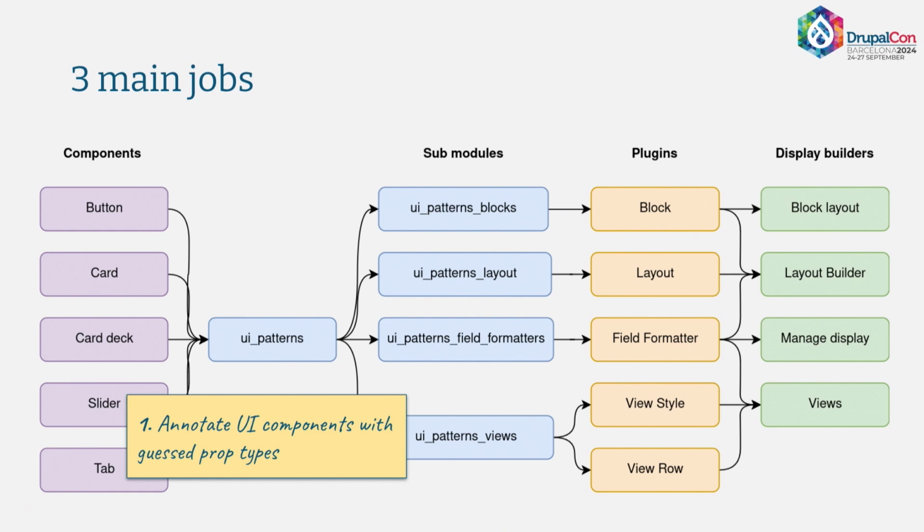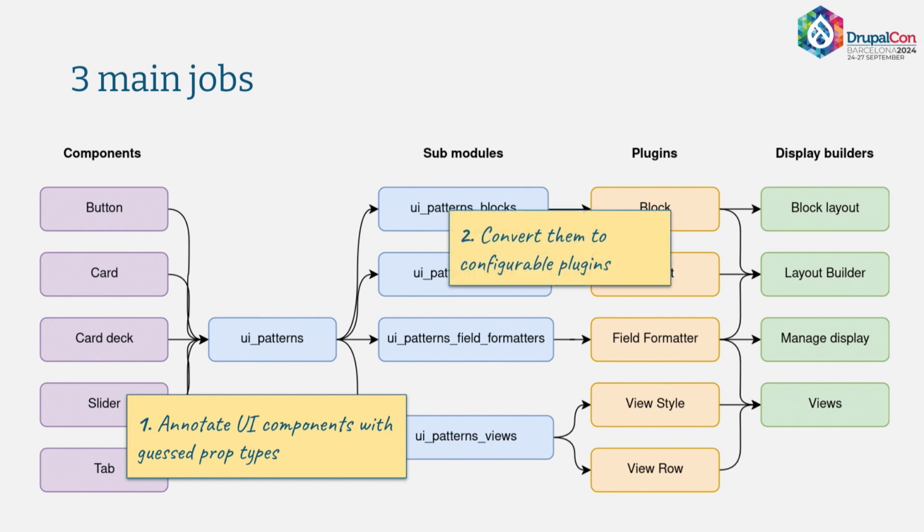Why types? I will explain in 10 seconds. 2, we are converting the components to plugins. I think now you understand. And 3, we are building a form experience for each component, and we are processing the data from the display builder to the renderable.